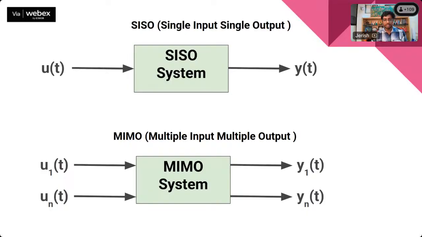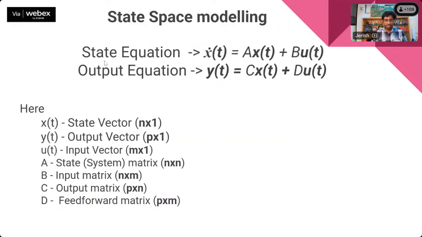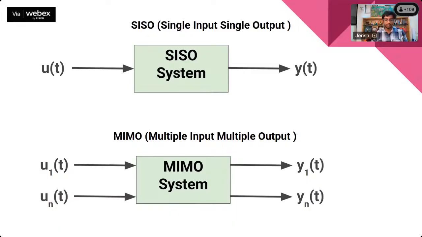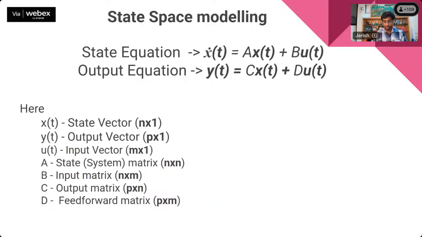It converts the differential equation to the S domain using the Laplace transform, and the transfer function is the Laplace transform of the output divided by the Laplace transform of the input. The transfer function approach is applicable only for a SISO system, a single input single output system. It cannot be applied to a multi input multi output system. This difficulty has been overcome by a method called state space modeling.